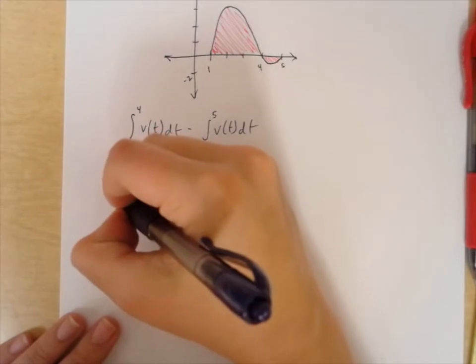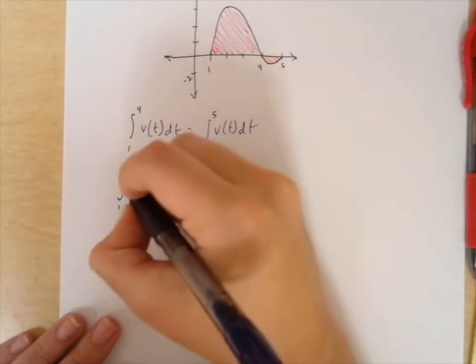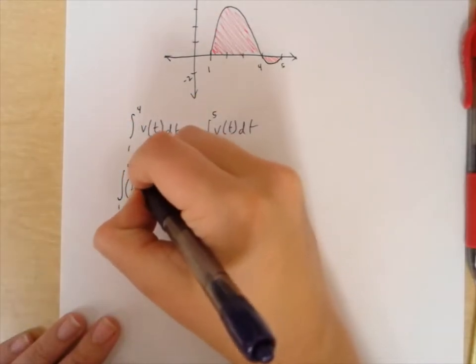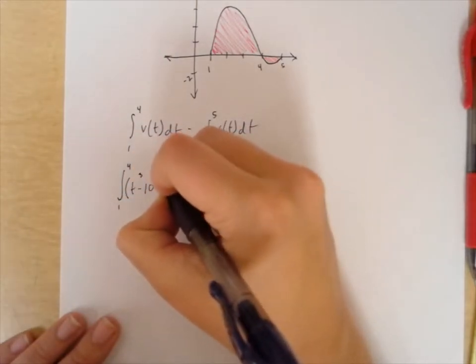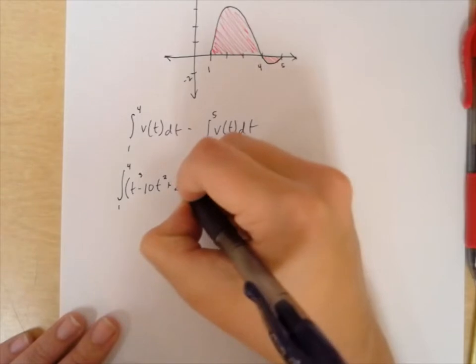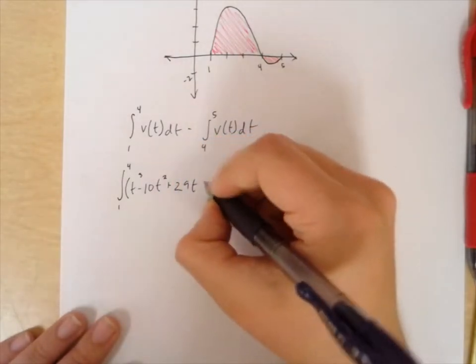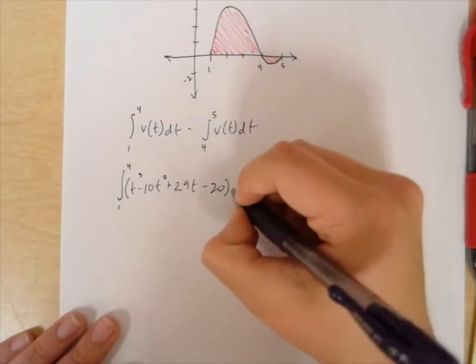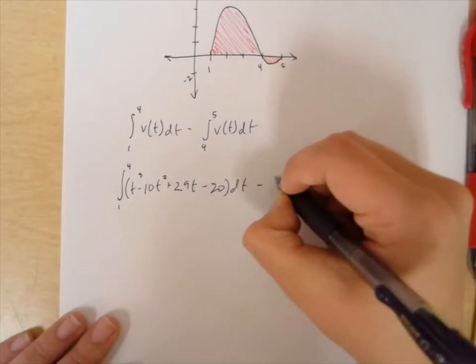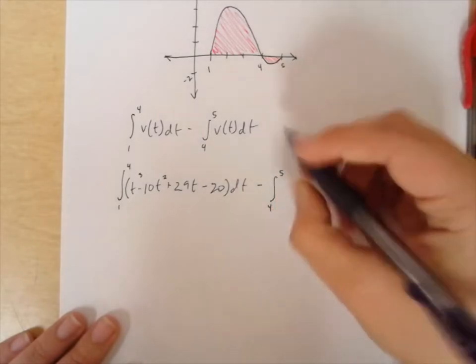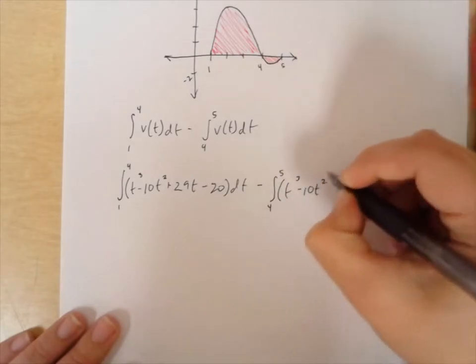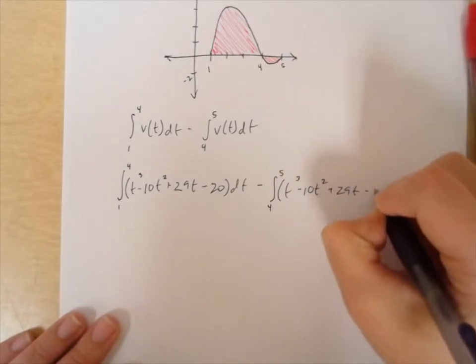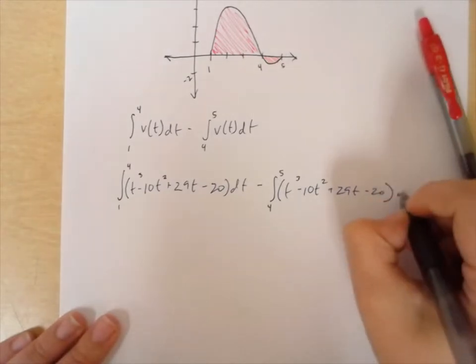So the integral from 1 to 4 of t cubed minus 10t squared plus 29t minus 20 dt, minus, from 4 to 5, the same thing, t cubed minus 10t squared plus 29t minus 20.